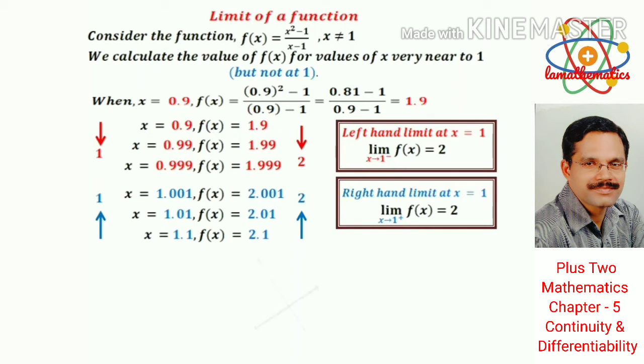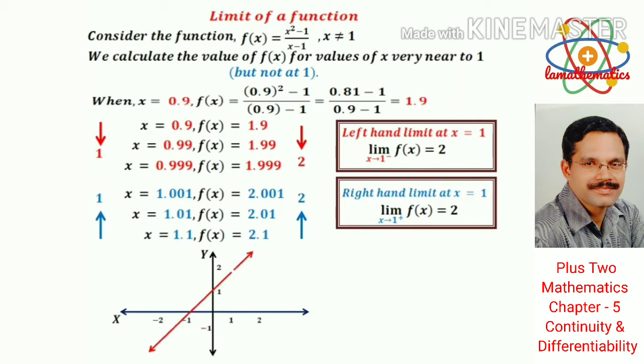Next, we draw the graph of f of x equal to x square minus 1 by x minus 1, provided x not equal to 1. X-axis, y-axis, marking numbers, graph of f of x.